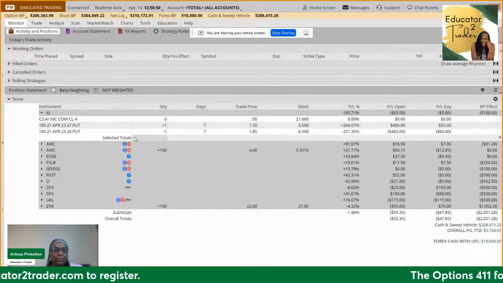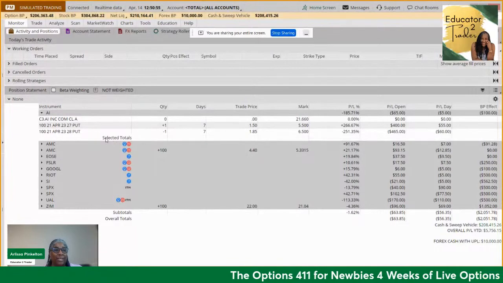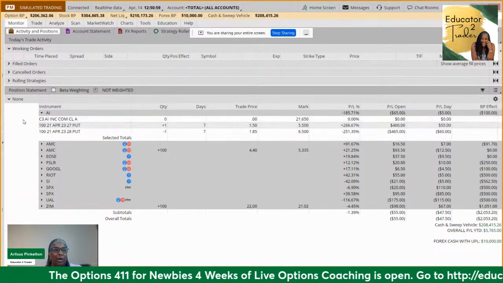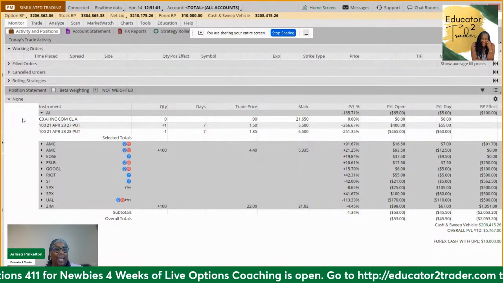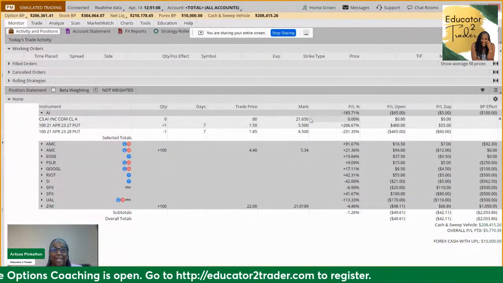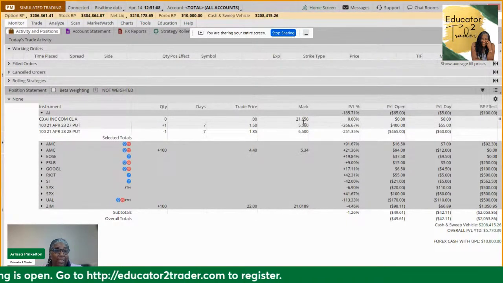All righty. So we have AI as our trade. With AI, we had a put credit spread, 27, 28. I think we entered this a while back. Current price is at 21. This trade is going the opposite direction.